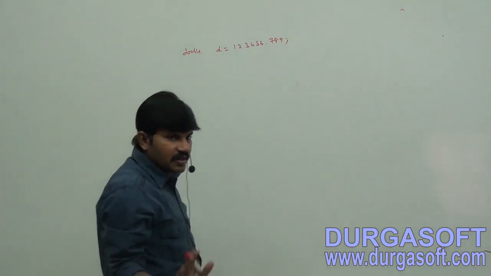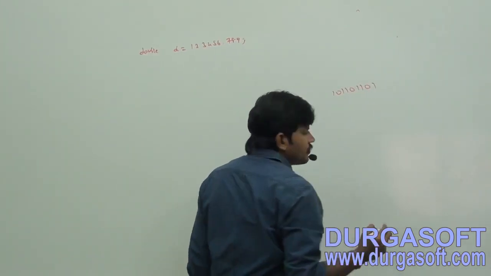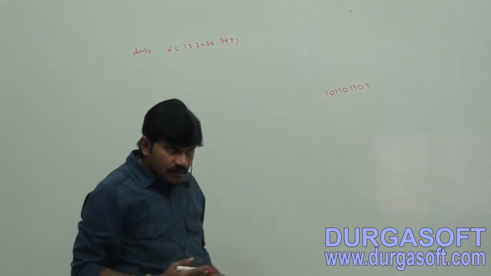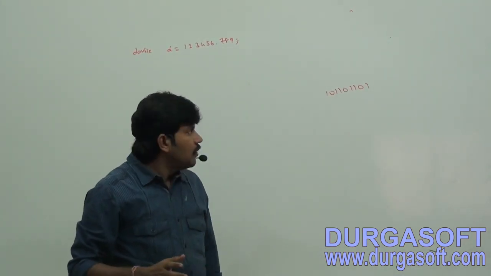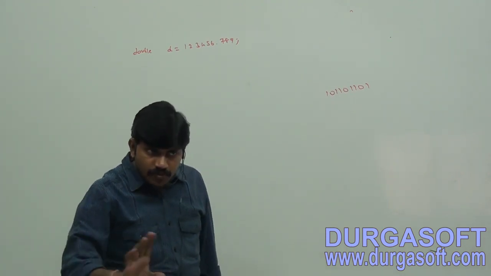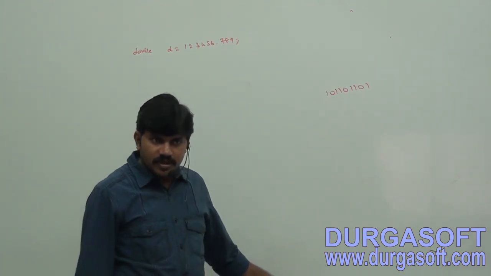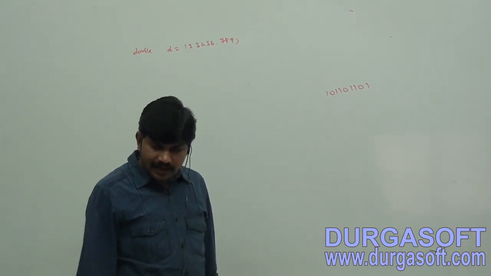Here, look at this number, 101101101. Can you please read this number? It is not binary, it is decimal only. Can you read this value? 1 crore, 1 lakh or something like that.